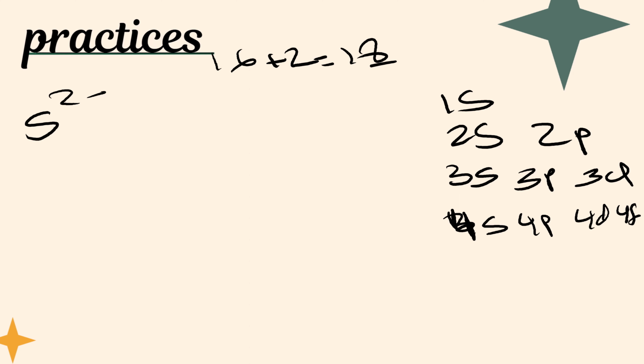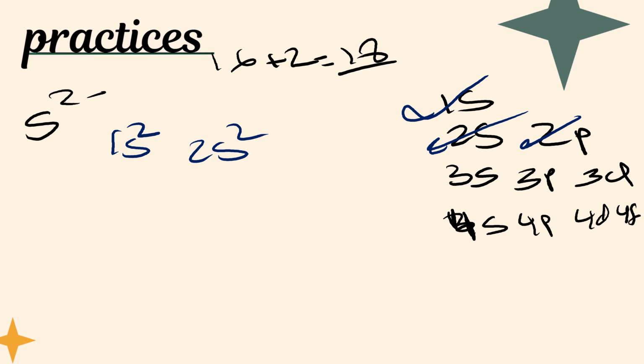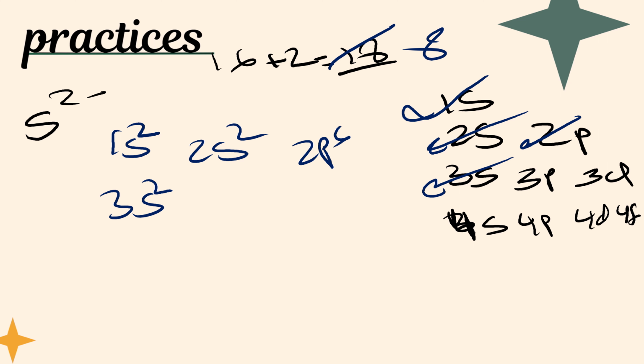So we have 18: we always start with 1s2, then 2s2, 2p6. Until now we have 10, so we're left with 8: 3s2, and then 3p6. This is the electron configuration for S minus 2.